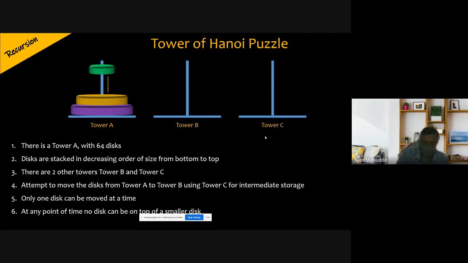So then the problem is solved. Actually, it's a legendary problem that once the 64 disks are moved from Tower A to Tower B, then the world will come to an end.